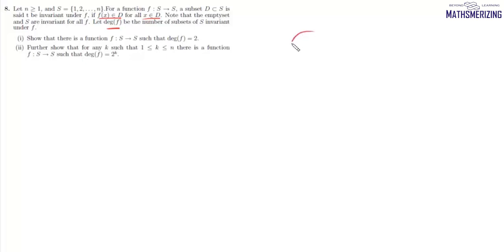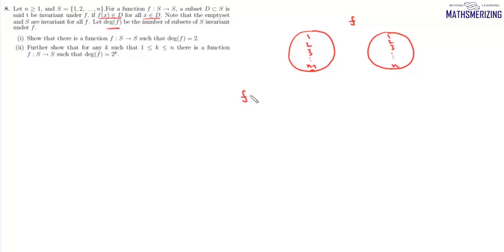Now we are given this function from S to S. So this is 1, 2, 3 up to n, and this is 1, 2, 3 up to n.